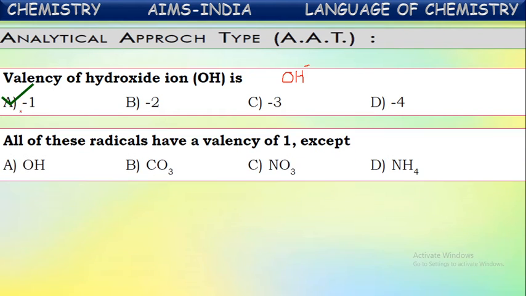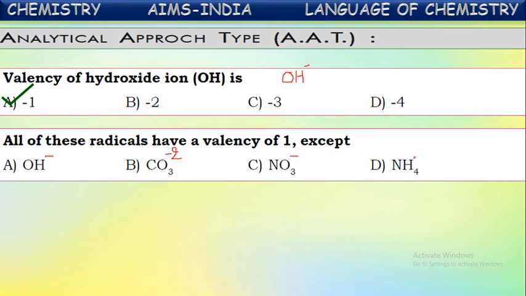Next question. All of these radicals have a valency of 1 except, yes, just now I have seen hydroxide ion valence is 1 and carbonate ion valence is minus 2. Valence is 2 for this. Whereas nitrate ion valence is minus 1.